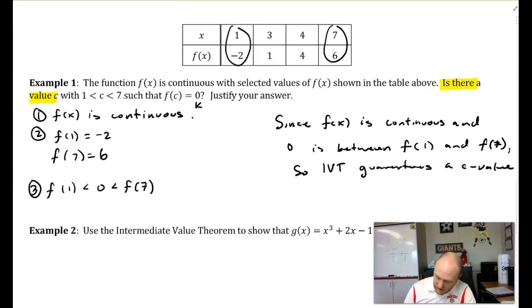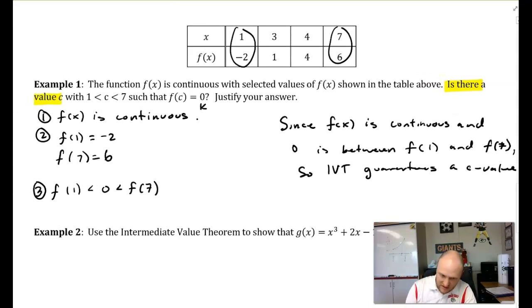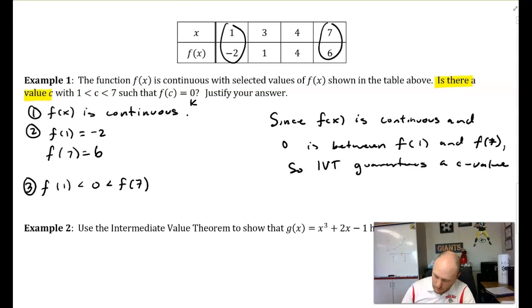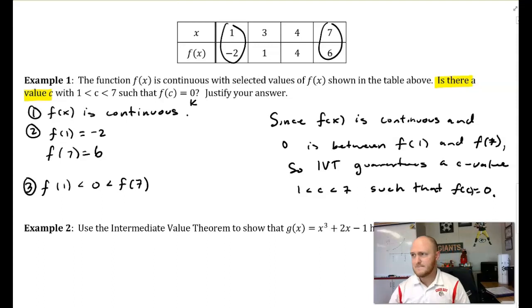And here I'm just going to copy what they said. A C value with 1 less than C, which is less than 7, such that f of C is equal to 0. Okay?